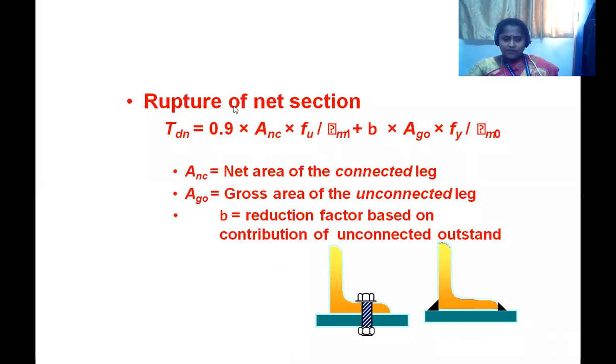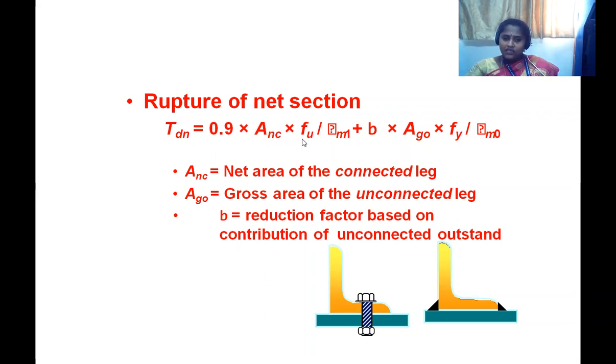And this is the formula for arriving at rupture at net sections. Net section strength, denoted by the symbol Tdn, is equal to 0.9 Anc. Anc is nothing but the net area of the connected leg. Okay, read out everything carefully.